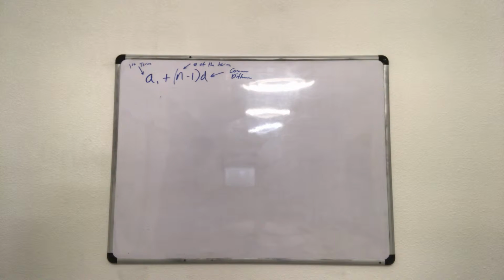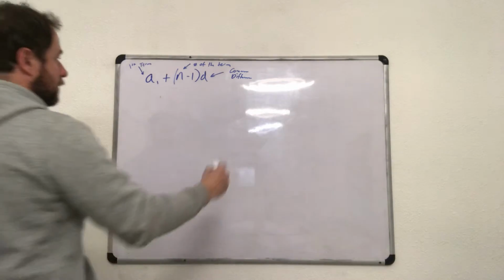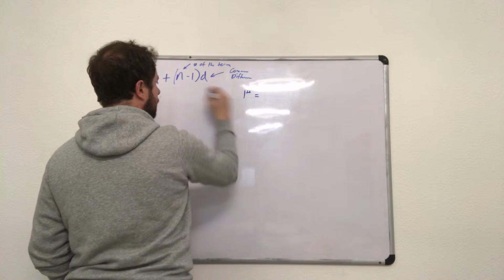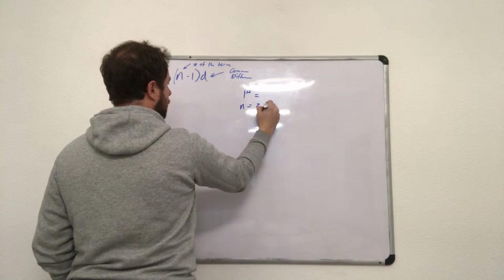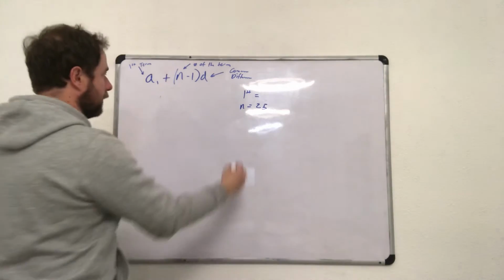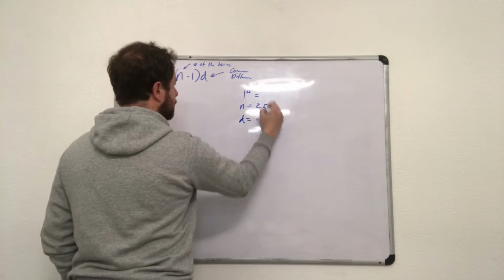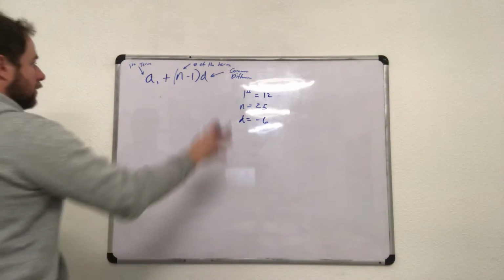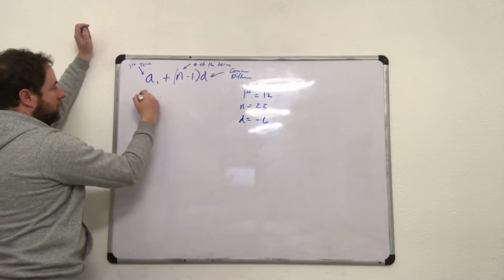They want you to find the 25th term of a sequence. The first term is 12, and the common difference is -6. So you're going to take these terms and plug them in.